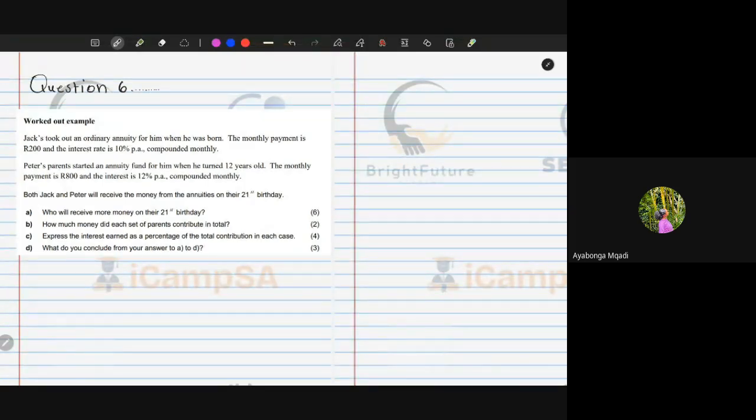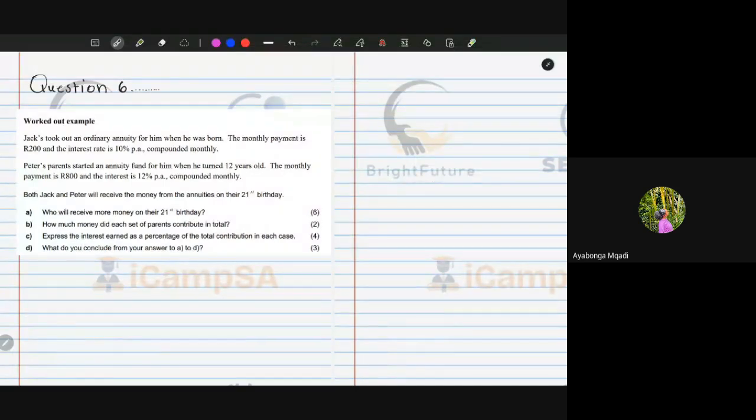Both Jack and Peter will receive the money from the annuities on their 21st birthday. A: Who will receive more money on their 21st birthday? B: How much money did each set of parents contribute in total? C: Express the interest rate as a percentage of the total contribution in each case. D: What do you conclude from your answer to A to C?